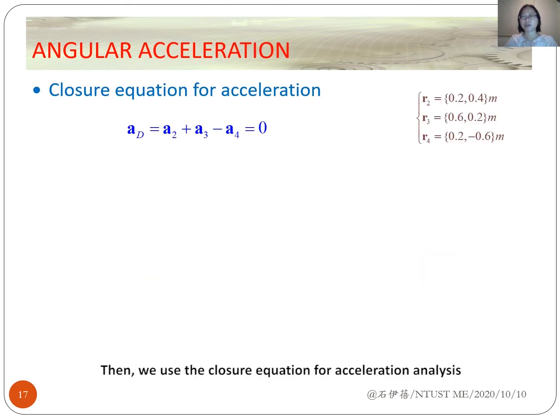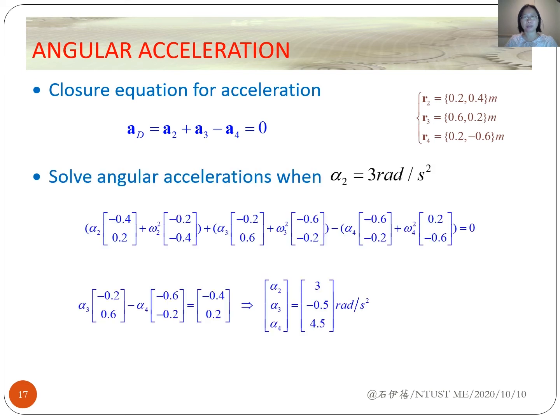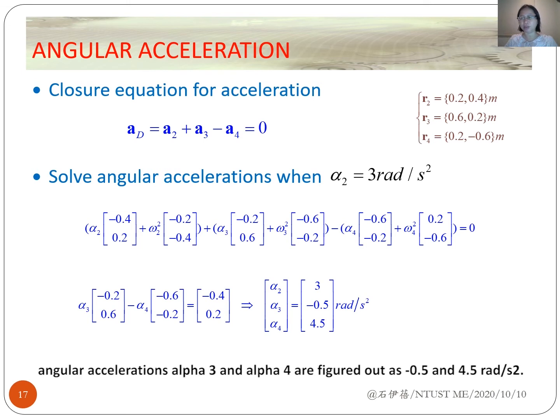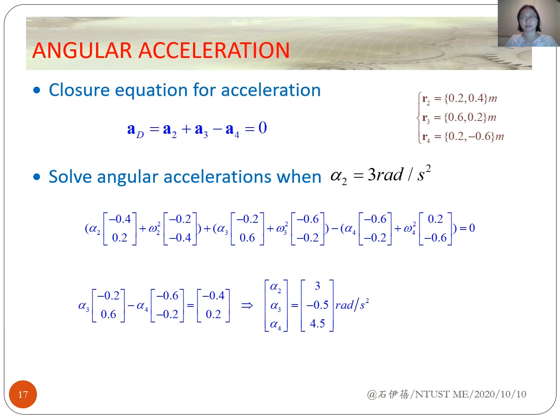Then we use the closure equation for acceleration analysis to determine the angular accelerations of links 3 and 4. The angular acceleration alpha2 is given as 3 radians per second squared. Angular accelerations alpha3 and alpha4 are figured out as -0.5 and 4.5 radians per second squared.